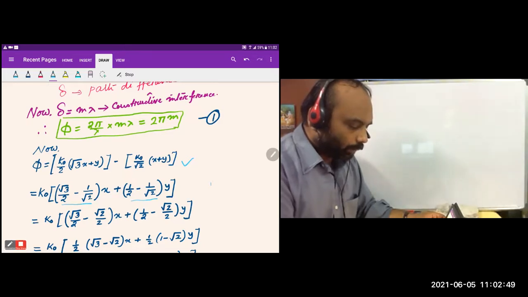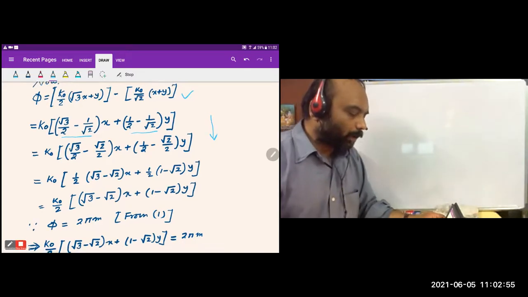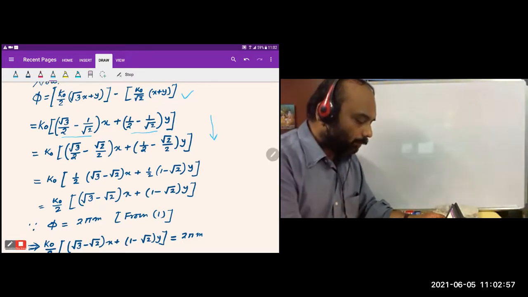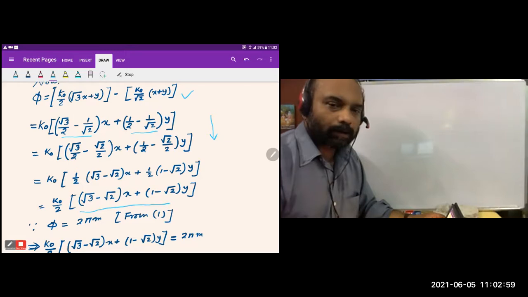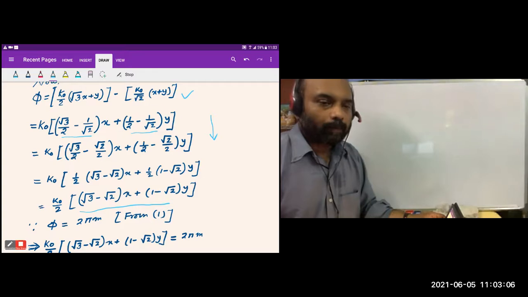So if we keep doing this calculation, then finally we get k0 by 2 times root 3 minus root 2 x plus 1 minus root 2 y.